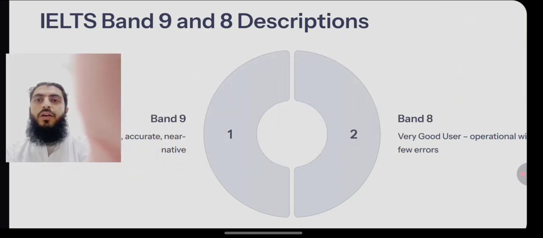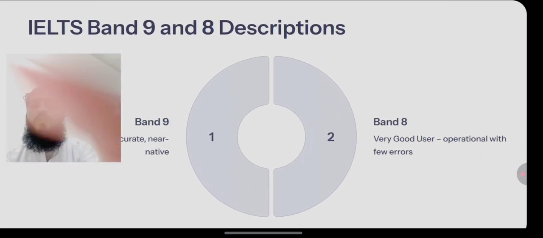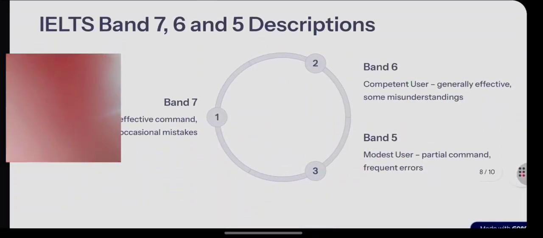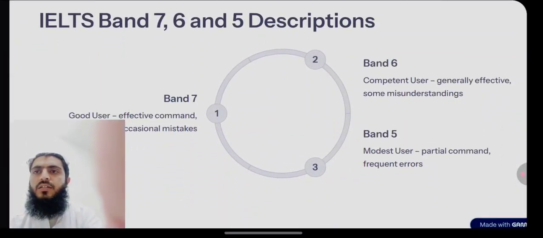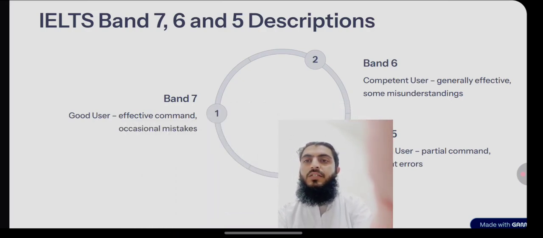A person who gets 8 band will be marked as a very good user, not an expert user, operating with few errors. If a candidate gets 7 band, he will be marked as a good user, which means he has effective command with occasional mistakes.